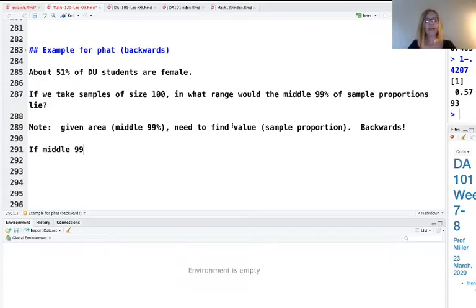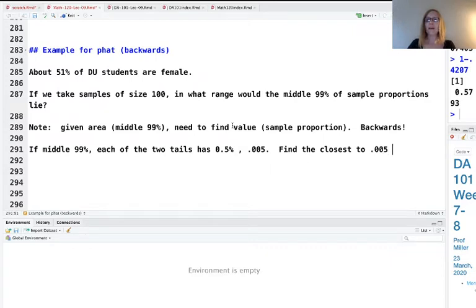If it's the middle 99%, each of the two tails has 0.5%. There's 1% left over for them, but we have to split it evenly between the two. So that's 0.5%, in other words, 0.005. We are going to need to find the closest to 0.005 in the table, and then get the z-score.